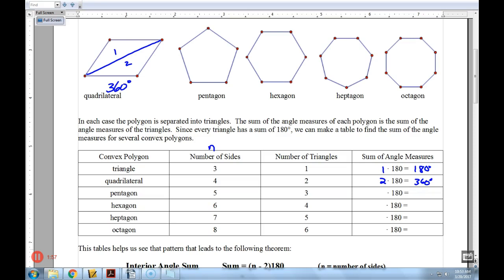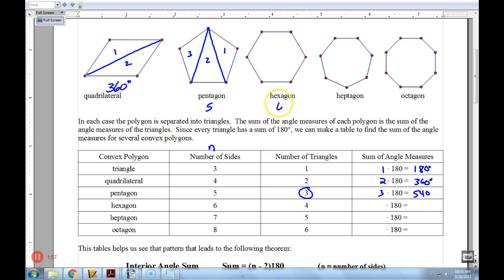And basically every time you add a side, you add another triangle. So if we do diagonals here, there's 1, there's 1. So I've broken this up into 3 triangles. So 3 180s, which would be 540. And the pattern goes, every time you add a side, you add another 180 degrees.